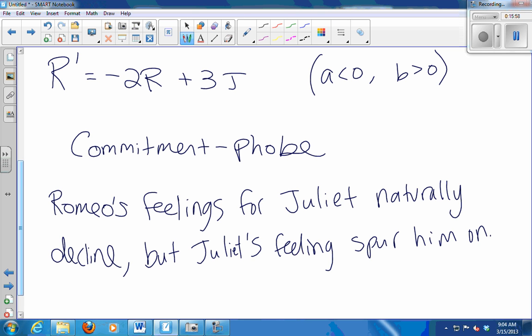So as Juliet loves him more, his love for Juliet grows, and as Juliet hates him more, his hate for Juliet grows. So he just echoes Juliet's feelings, but then he has this natural inclination to stop loving her on his own.